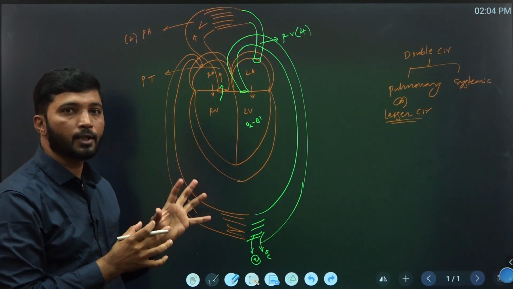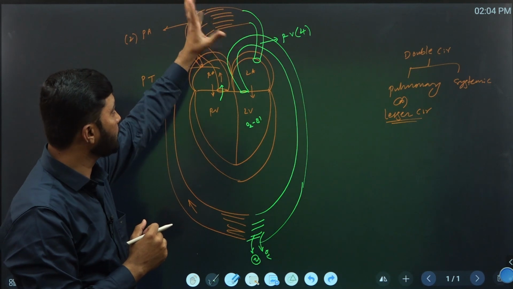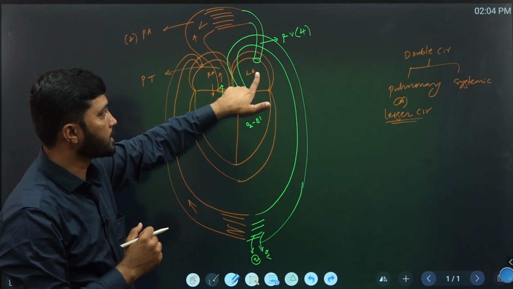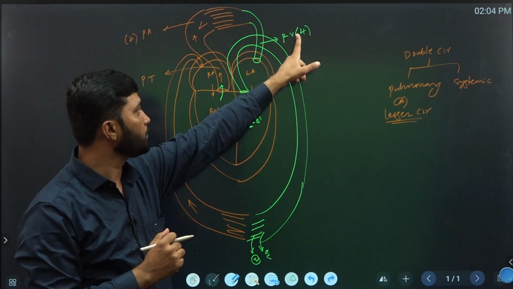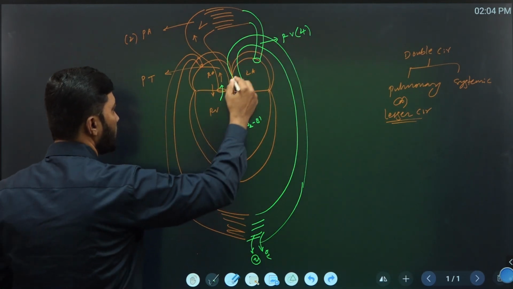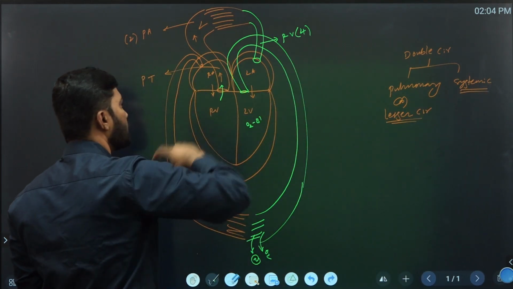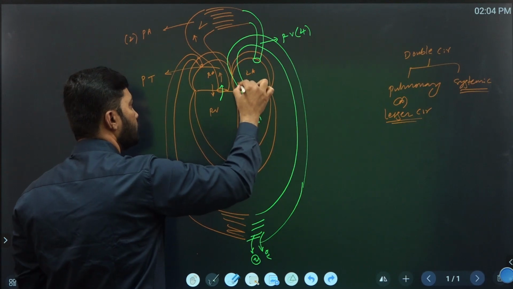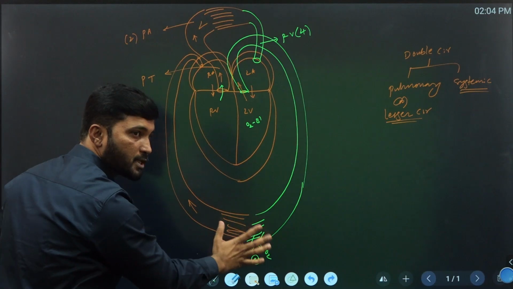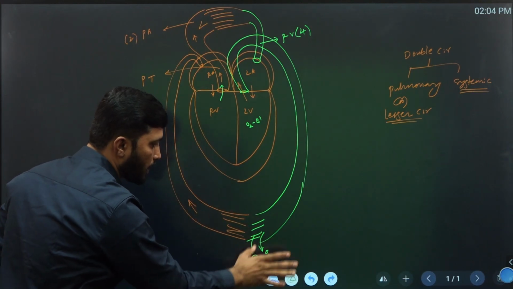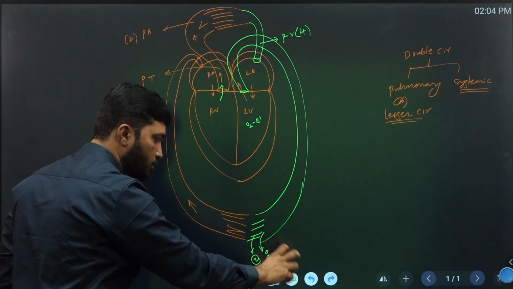Pulmonary circulation carries deoxygenated blood to the lungs, gases are exchanged, and oxygenated blood moves towards the left atrium by the four pulmonary veins. Next, systemic circulation carries oxygenated blood from the left ventricle towards the systemic capillaries, supplying oxygen, nutrients and other essential substances to the tissues.